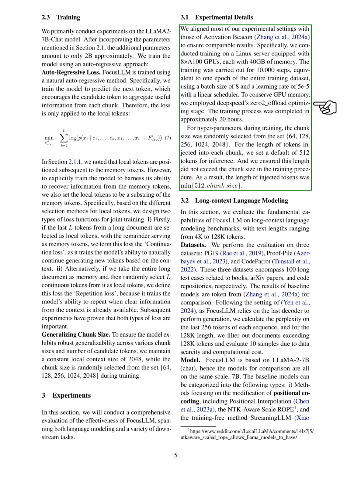The training process lasted about 20 hours. During training, we randomly selected chunk sizes from our predefined set, and for the tokens injected into each chunk, we set a default of 512 tokens, ensuring this did not exceed the chunk size. Thus, the length of injected tokens was the smaller of 512 or the chunk size.